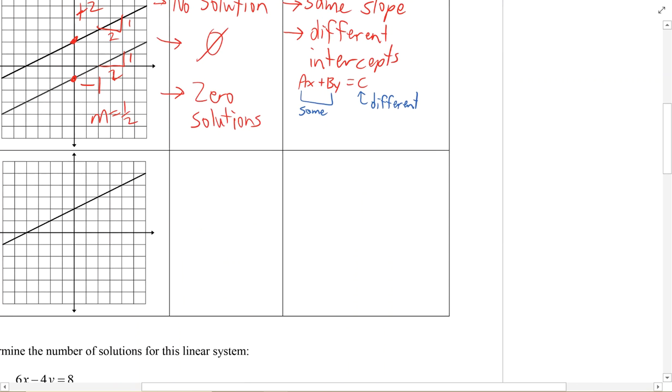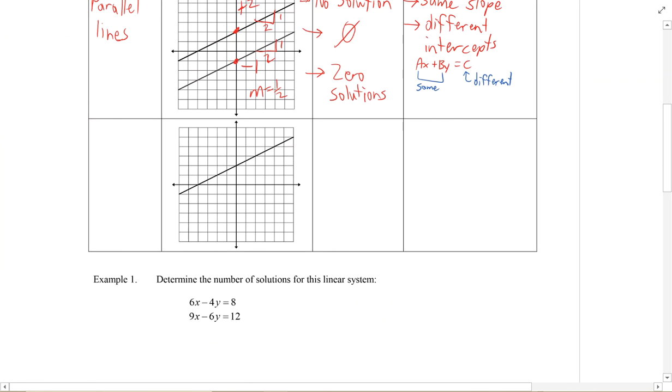How many lines do you guys see here down below? Wrong, there's two. Where's the second line? Exactly. So here you have what we call coincident lines. Let me write it sideways here. Coincidental.